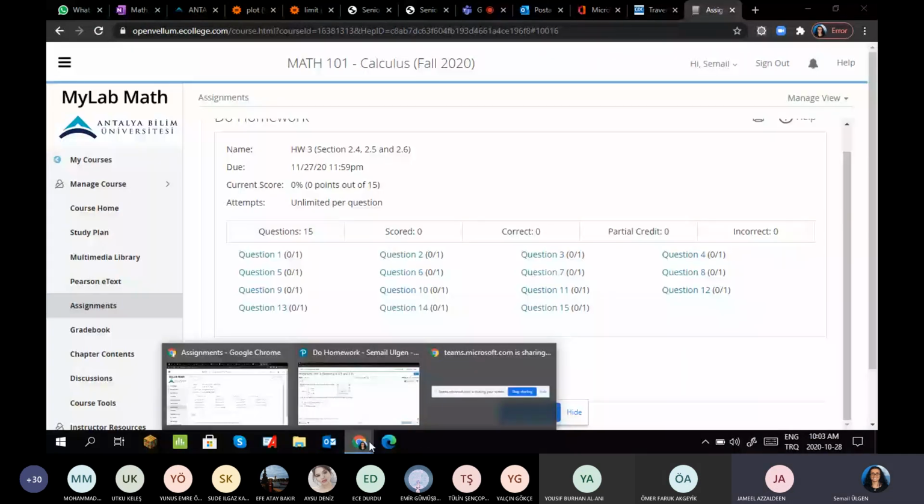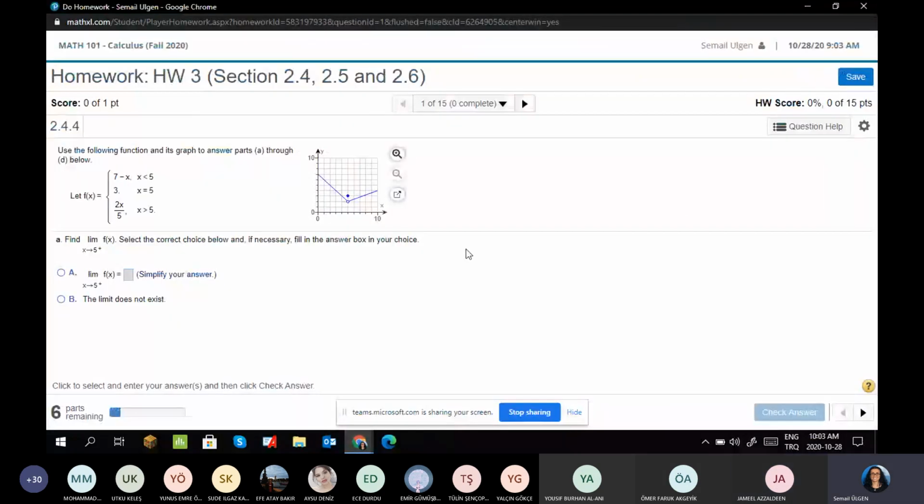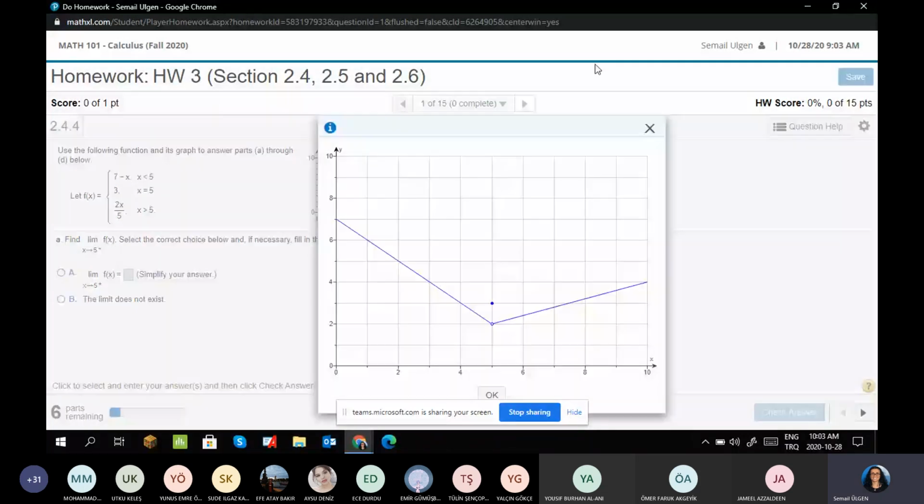Okay, that's the question. This is the first question in chapter 2, section 4. You are given this piecewise function. It has 3 pieces: first piece, second piece, and third piece. And this is drawn in the picture. Let's see the picture bigger.